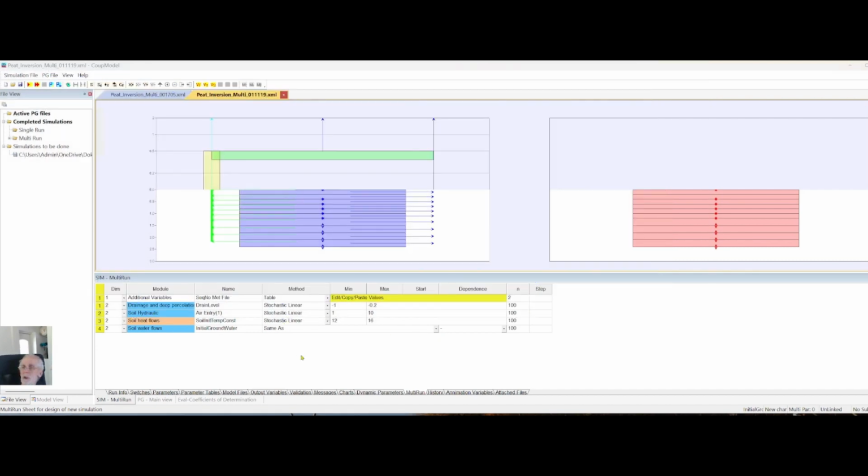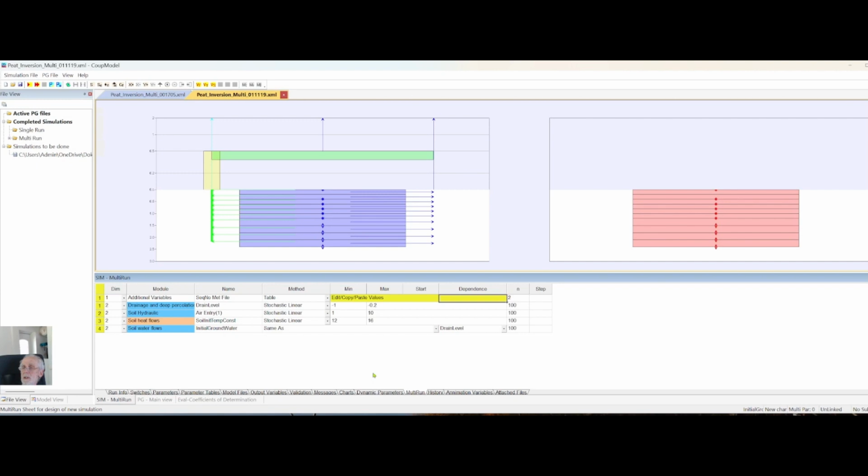If you see now those Multirun parameters, we have added this initial groundwater, but it is not said what it is the same as, so we have to adjust that as well. And then we have some different options. Actually, we can choose among all those that are in the Multirun list, but then we take it like the drain level.